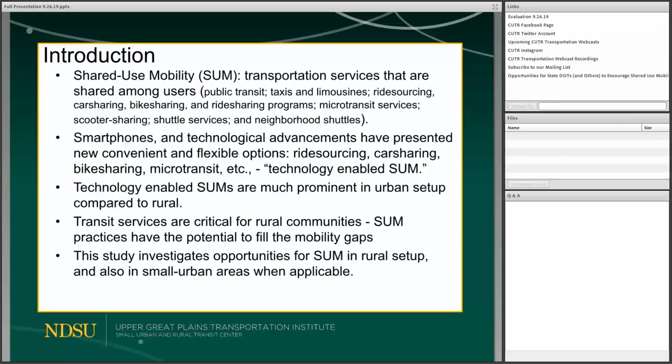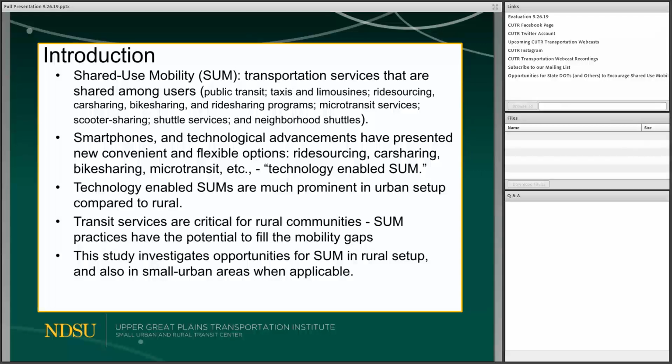So in rural communities, specifically, public transit services are critical for rural residents. Services such as ADA paratransit services, demand response transit services, specialized transit services such as voluntary driver programs, non-emergency medical transportation services, which are also called NEMT services, veterans transportation services, and other human service transportation services are highly relied upon in rural communities.